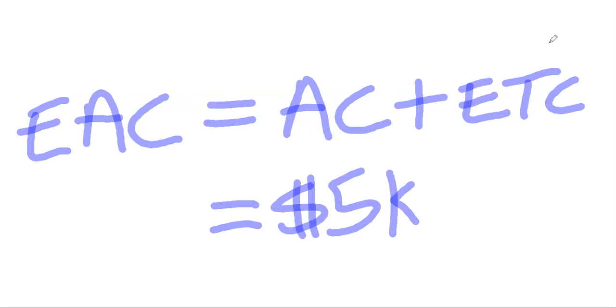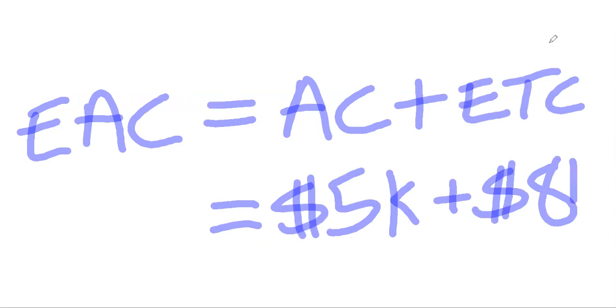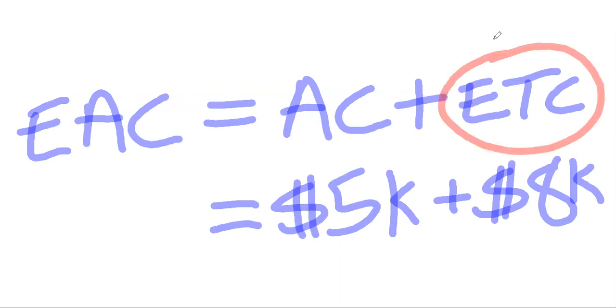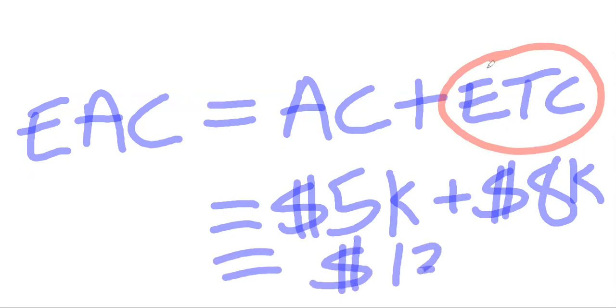You do a brand new estimate for the remaining work and you realize the remaining work will cost $8,000 according to your estimate. So we can say that the EAC, based on a brand new bottom-up ETC, is equal to 13K.